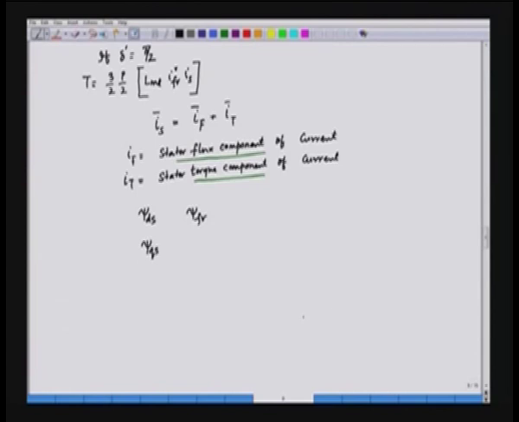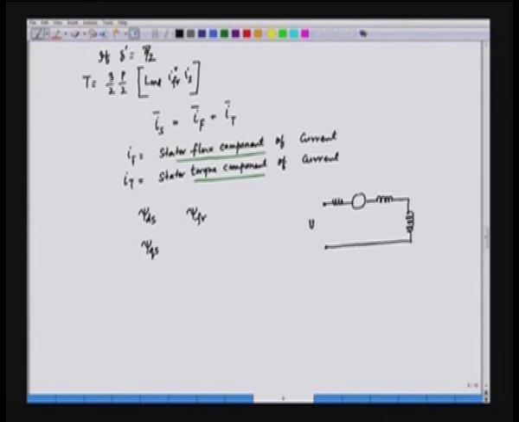So, in fact, if we draw the equivalent circuit, it will look like this. In the d axis we have the resistance here, we have a back EMF, we have the leakage inductance, and then we have the magnetizing inductance, and here the circuit is complete.